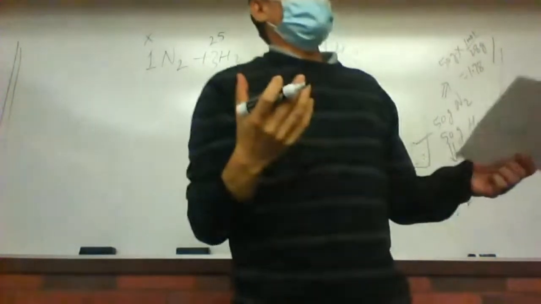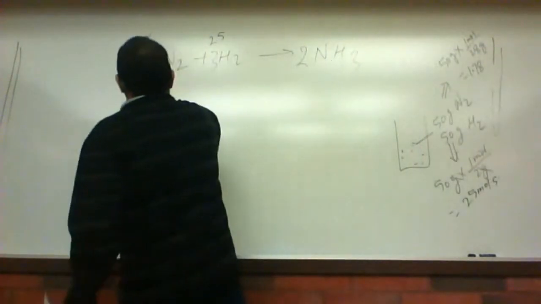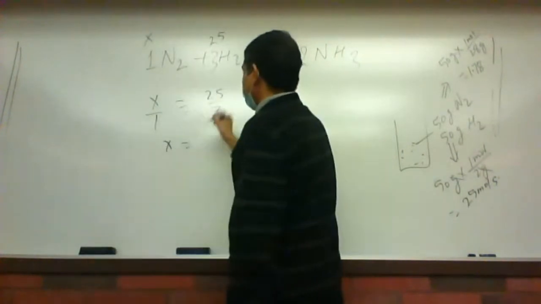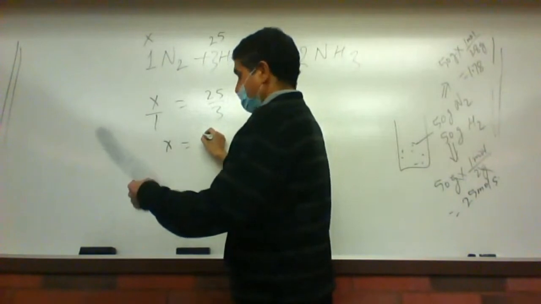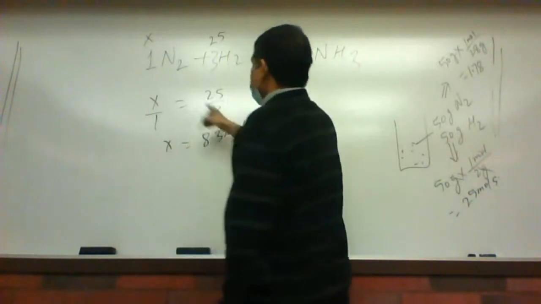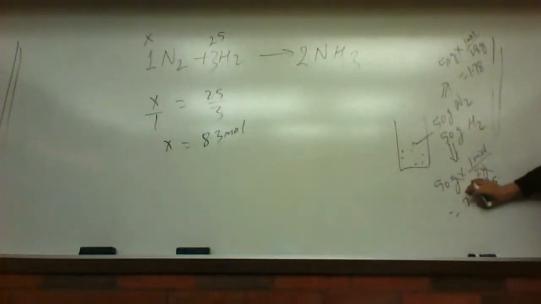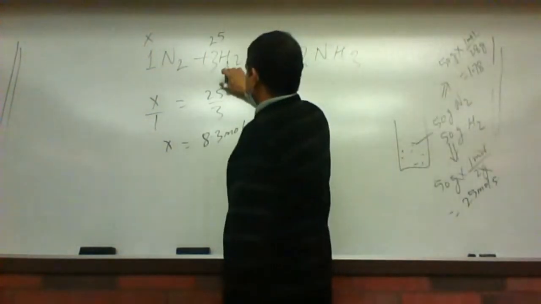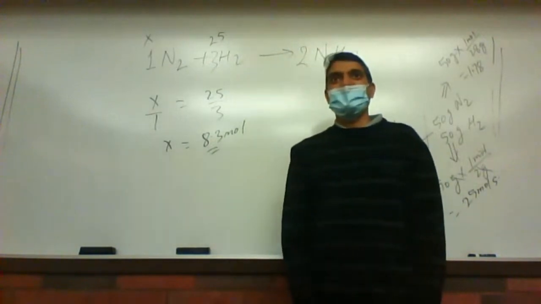I take this ratio: X over 1 is equal to 25 over 3. X is equal to 25 divided by 3 multiplied by 1, which is 8.3 moles. I need 8.3 moles of nitrogen, right?